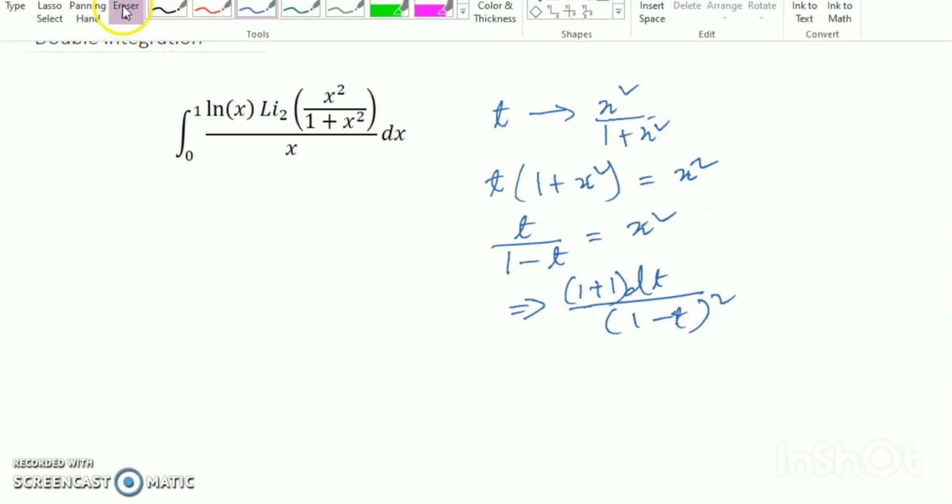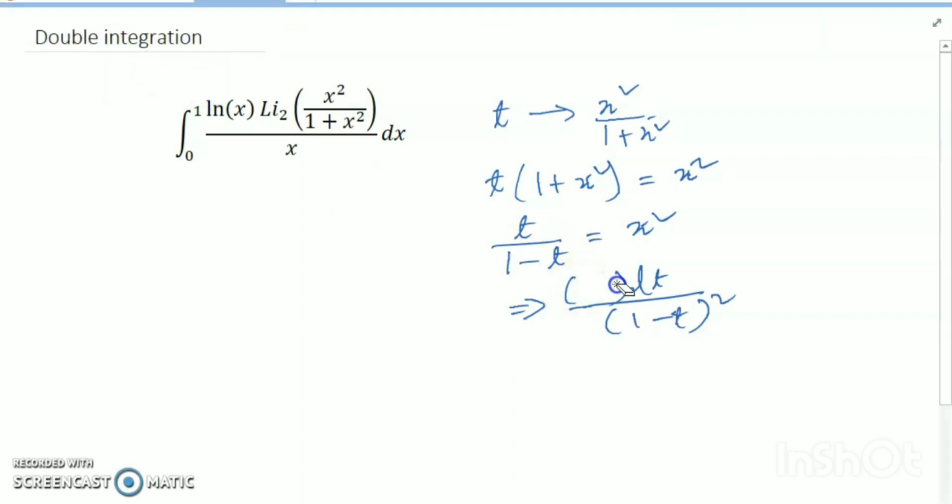So how can I differentiate this? At first it is 1 minus t, and if I differentiate this, minus and minus minus gives plus, and t also multiplies, so into dt is equal to x square.